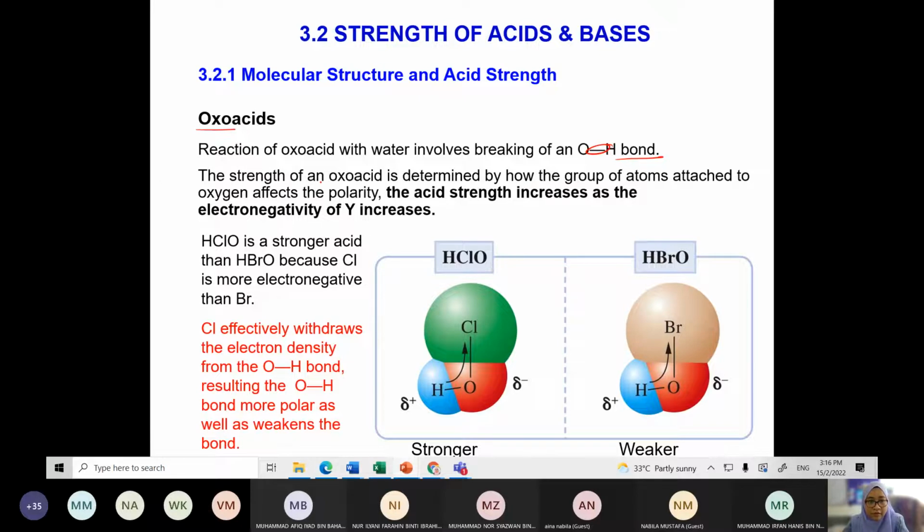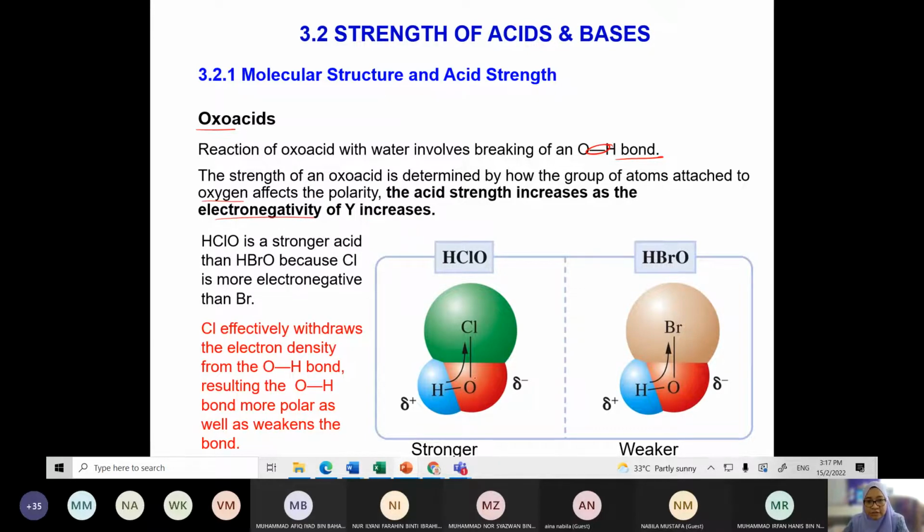So the strength of an oxo acid is determined by how the group of atoms attached to oxygen affects the polarity. The acid strength increases as the electronegativity of Y increases.